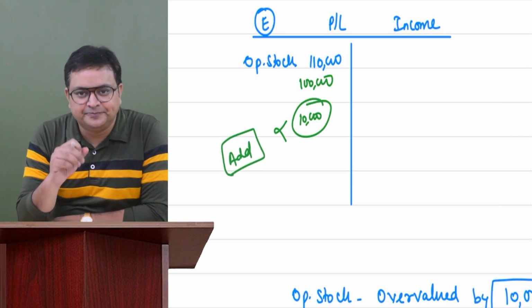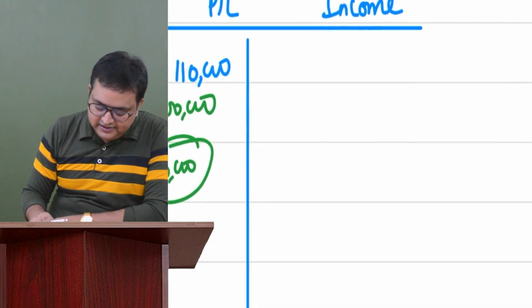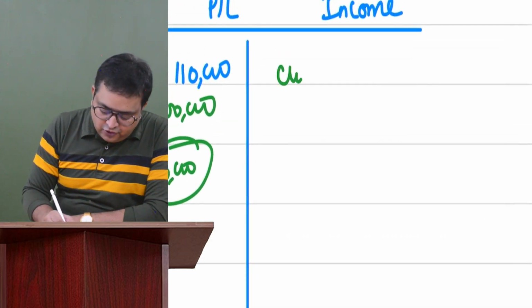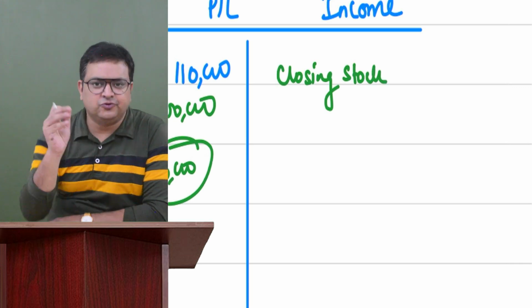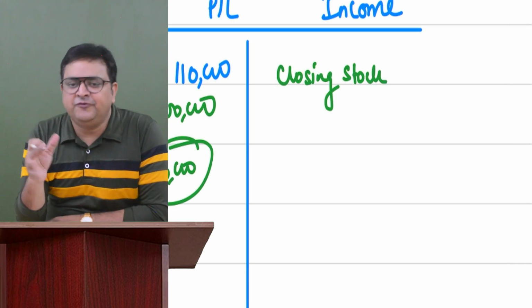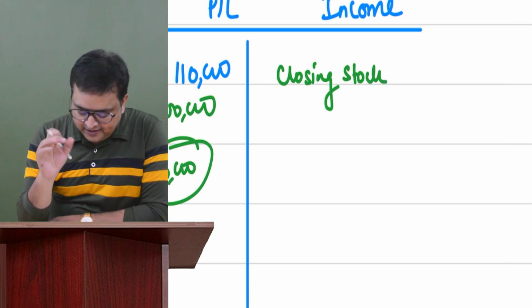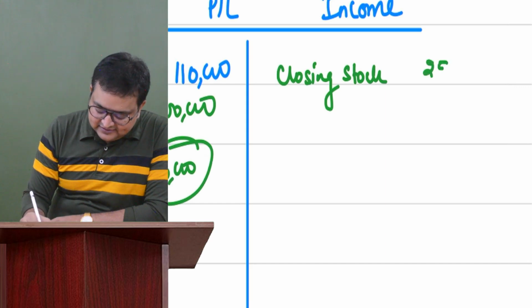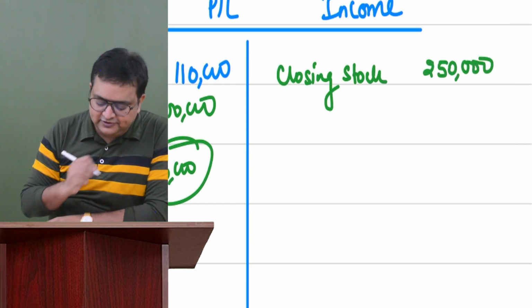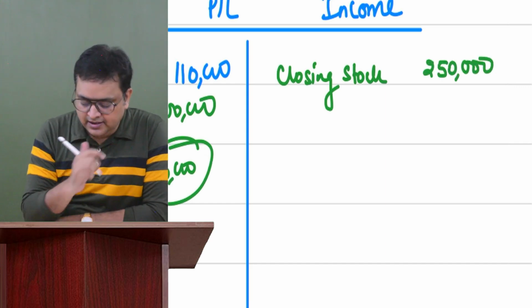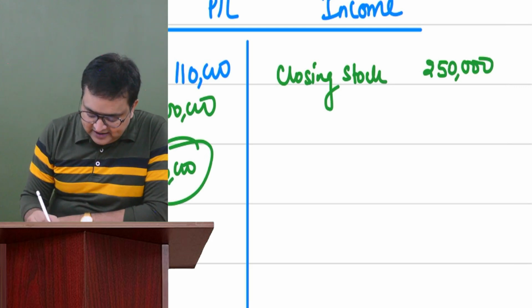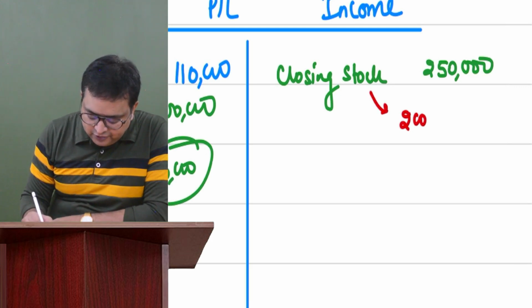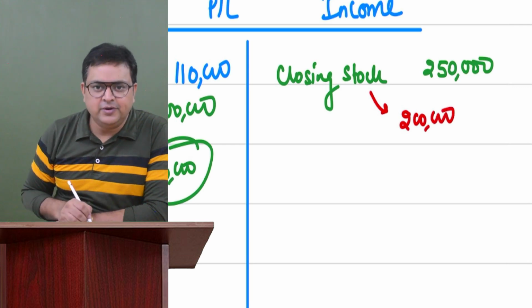Okay. Tell me, if your closing stock is overvalued, let's say your closing stock is overvalued by rupees 50,000. Let's say this assessee has recorded his closing stock as 2,50,000, but it is overvalued by 50,000. It means that ideally it should be 2 lakh. What will you do?